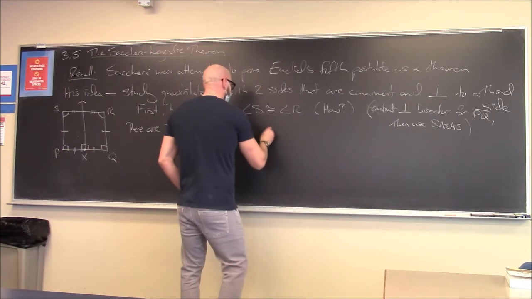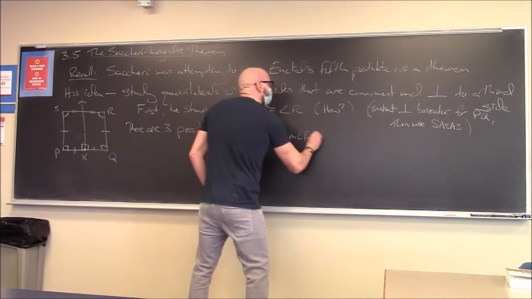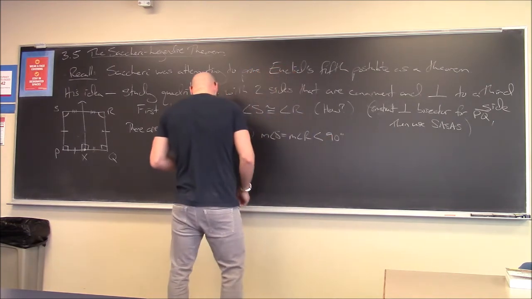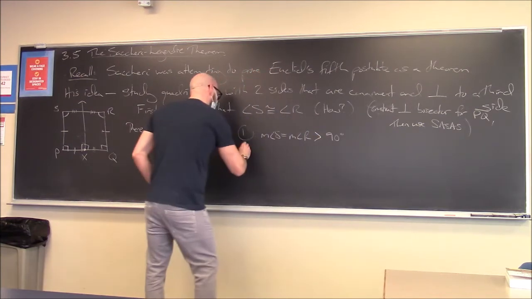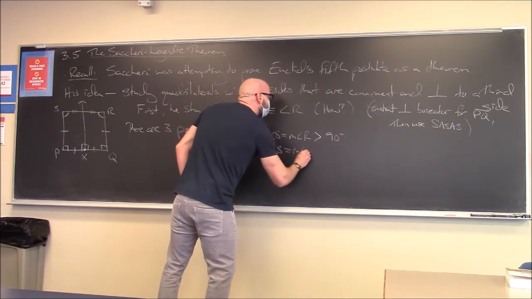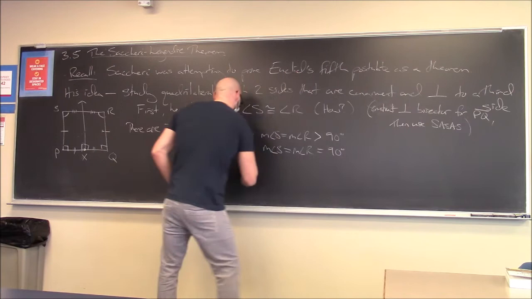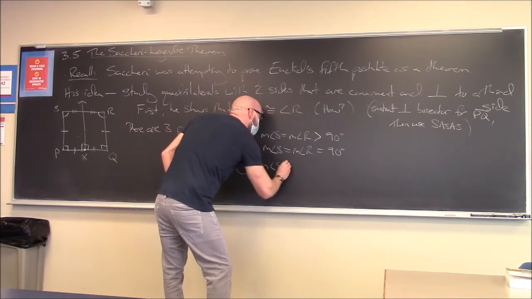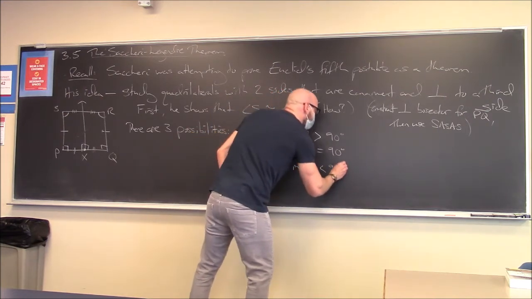One is that the measure of angle S equals the measure of angle R is bigger than 90 degrees. Two, the measure of angle S equals the measure of angle R is equal to 90 degrees. And three, the measure of angle S equals the measure of angle R is less than 90 degrees.